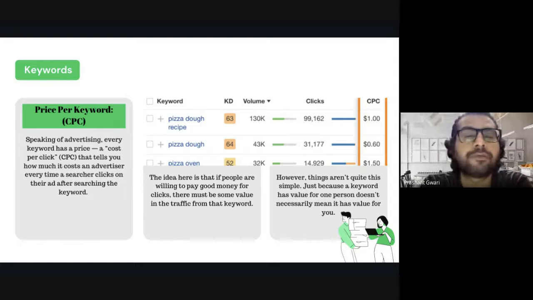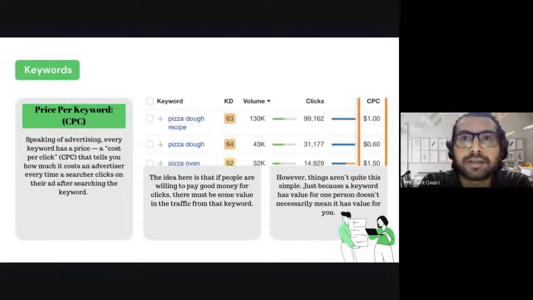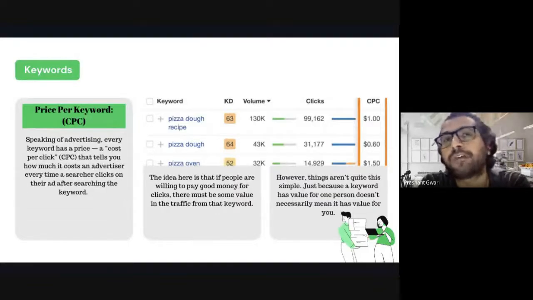A few minutes before, I already told you, if someone is bidding on some keyword, and if someone is paying $1, that means 80 rupees, or someone is paying $1.50, that means 120 rupees on one keyword, he is doing it only because this keyword is bringing some kind of traffic or some kind of revenue to that website.